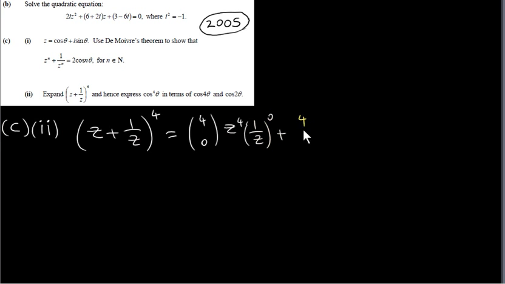And the next term is 4c1 times z to the power of 3. So we decrease the power of z by 1, we increase the power of the other term by 1. The other term is 1 over z.